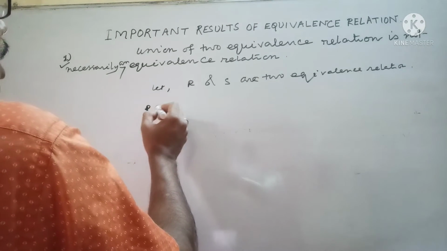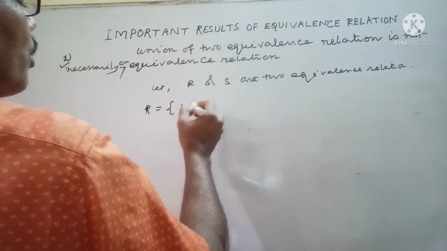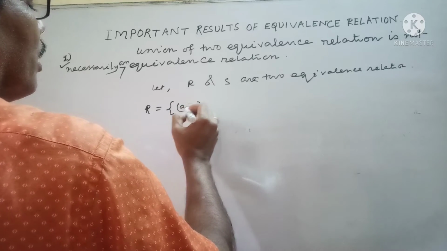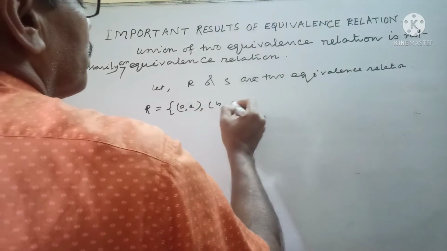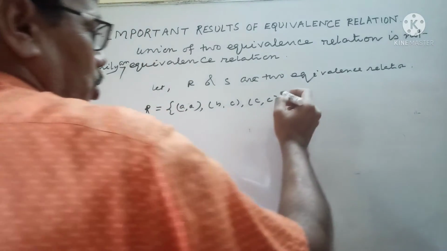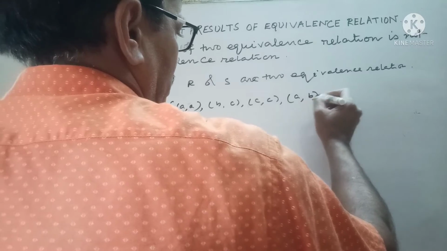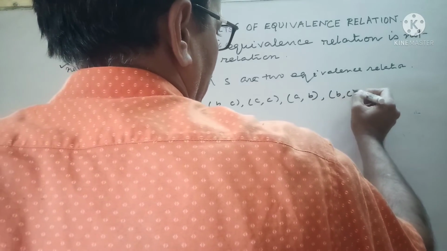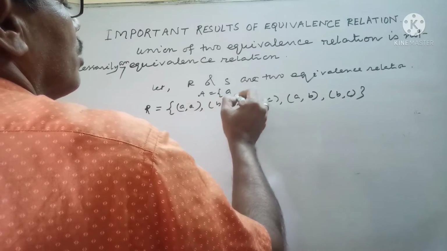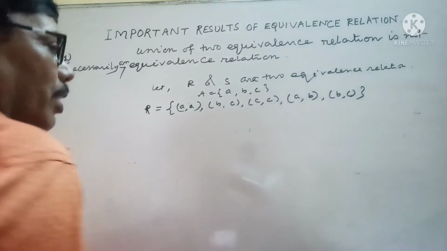Suppose A equals {a, b, c}, and take R in general as (a,a), (b,b), (c,c), (a,b), (b,a).